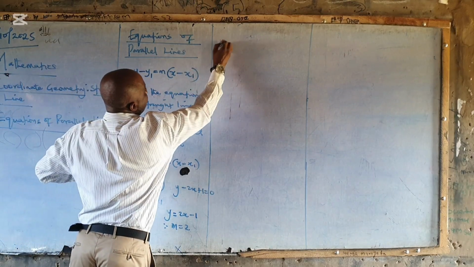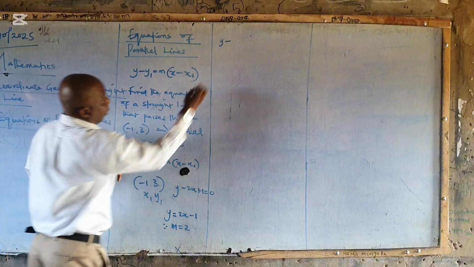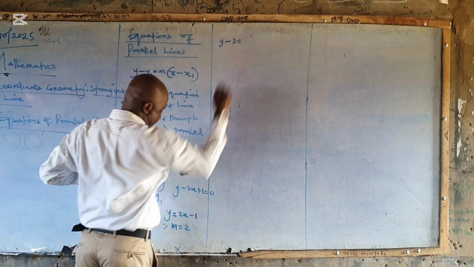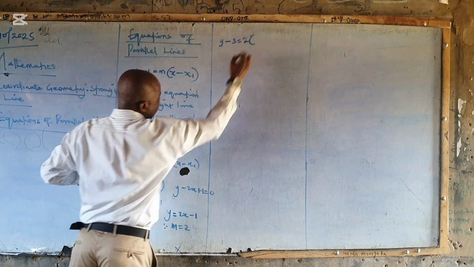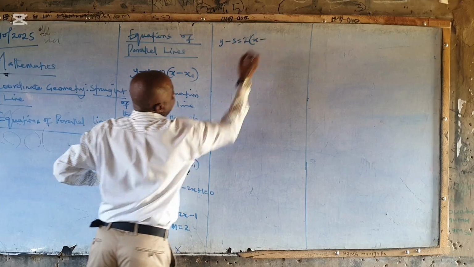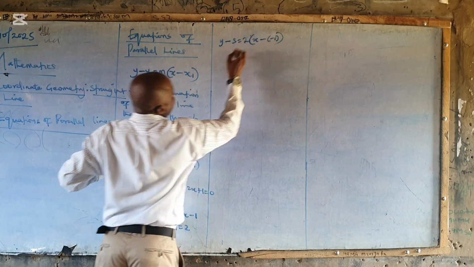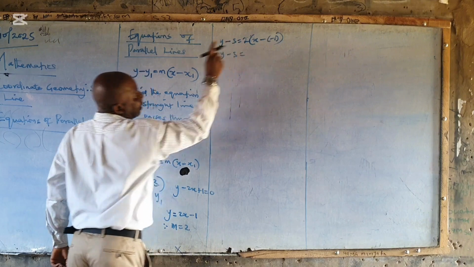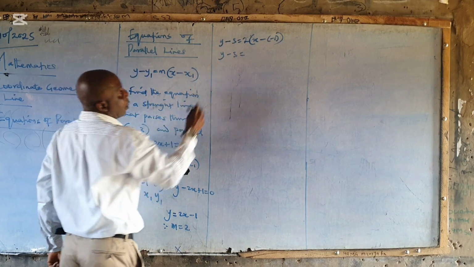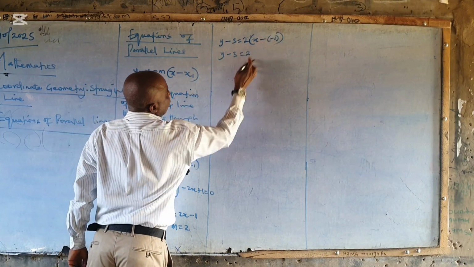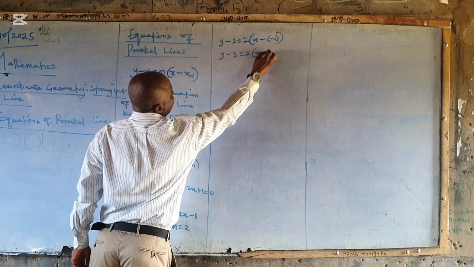You have y minus, what's your y1? 3 equals m, which is 2, into x minus x1, which is minus 1. Now, when you work out what is inside that bracket, minus multiplied by minus gives you plus. That will be x plus 1.